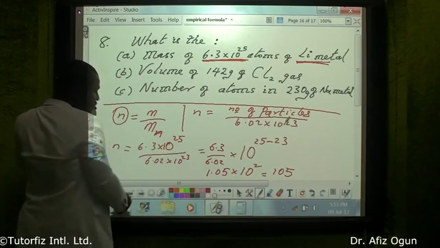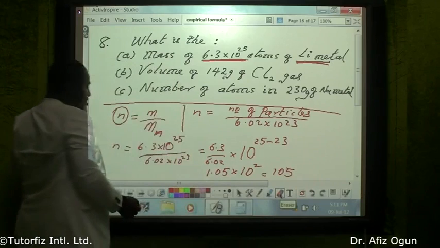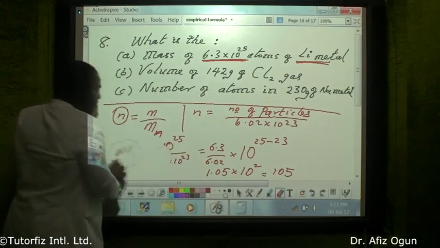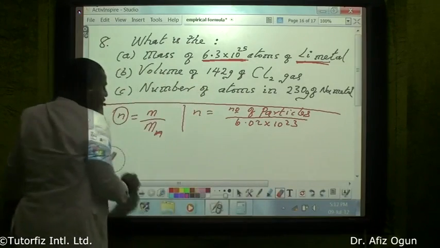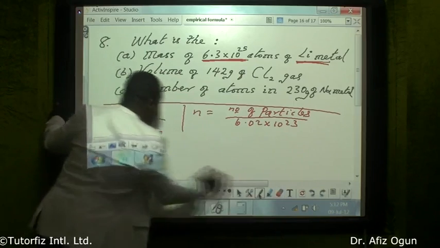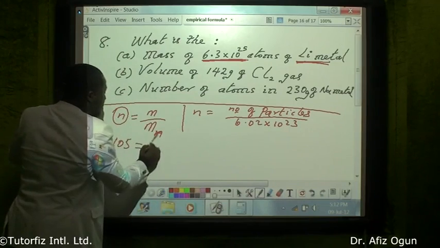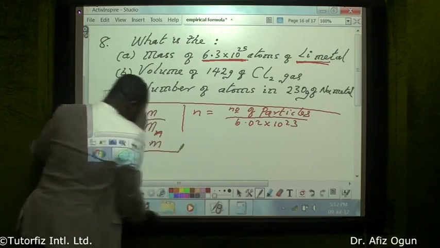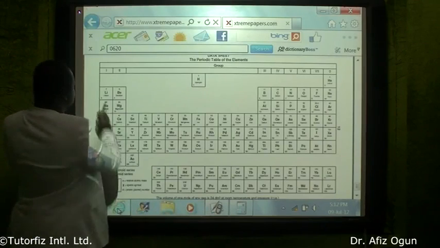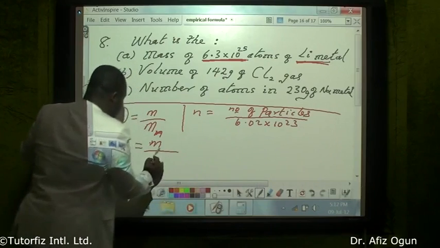Pause the video and write this. Then I'm cleaning it now. I got my answer as 105 moles. I can now say 105 equals to mass divided by the atomic mass of lithium. Lithium is 7.